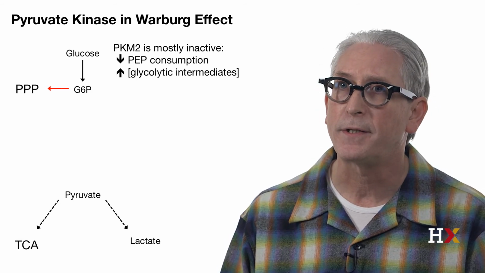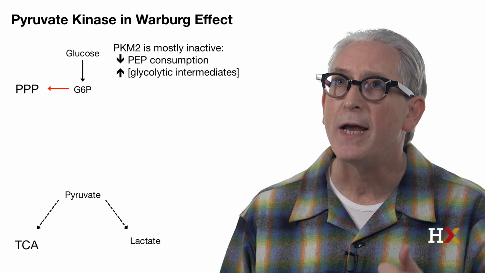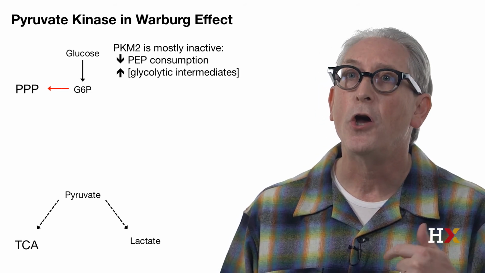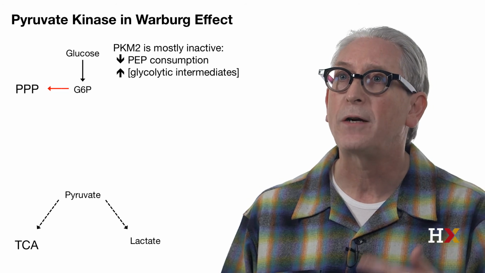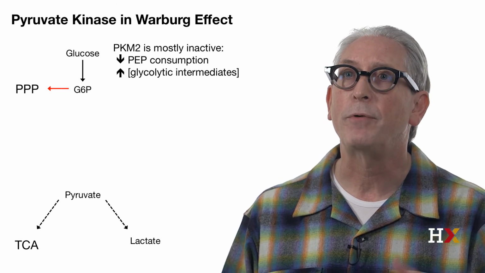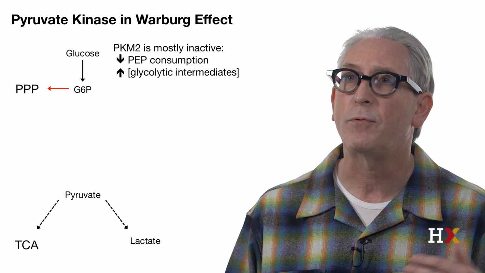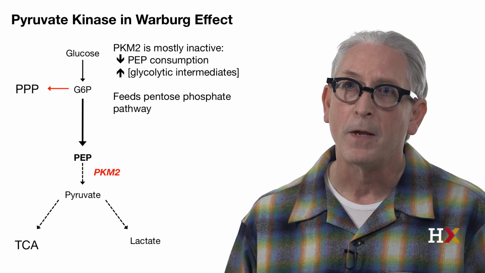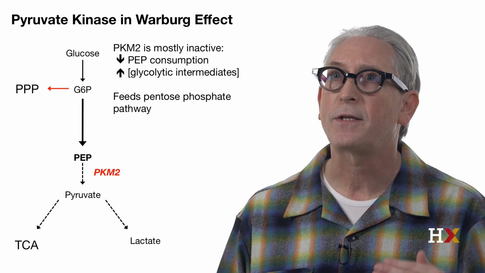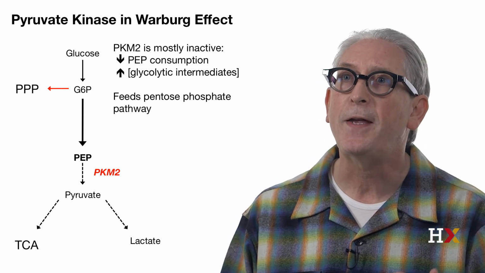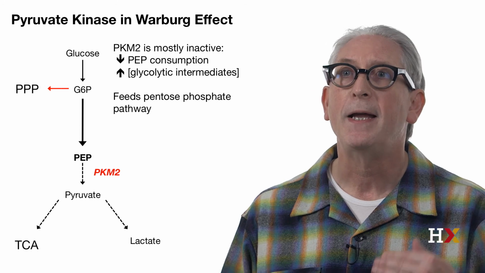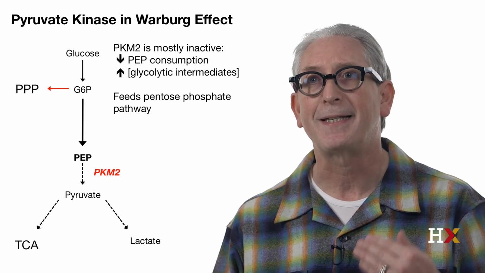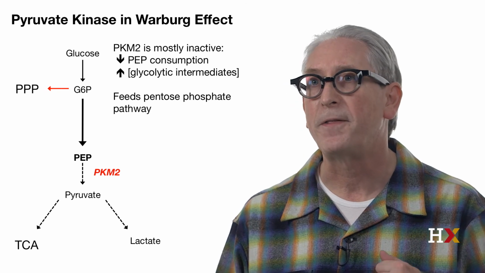The consequences are the following: an accumulation of phosphoenol pyruvate that is not converted into pyruvate, an overall increase of all the glycolytic intermediates, and a rerouting of these intermediates to anabolic pathways contributing to biomass production. For example, the excess of glucose 6-phosphate feeds the pentose phosphate pathway, leading to the synthesis of NADPH, the electron donor that is essential for many biosynthetic pathways.